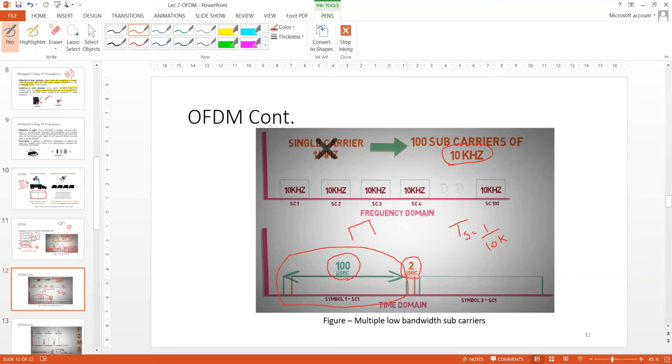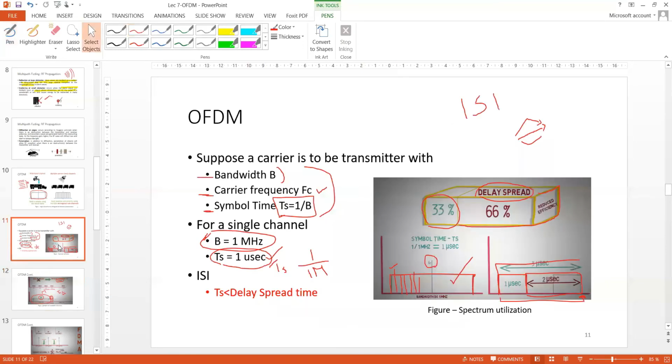Only a smaller portion of the spectrum is underutilized in order to overcome inter-symbol interference using delay spread. So it easily tells you that by dividing your entire channel into relatively smaller bandwidths, you are increasing the symbol duration, and by increasing the symbol duration, you are increasing the efficiency of your communication.